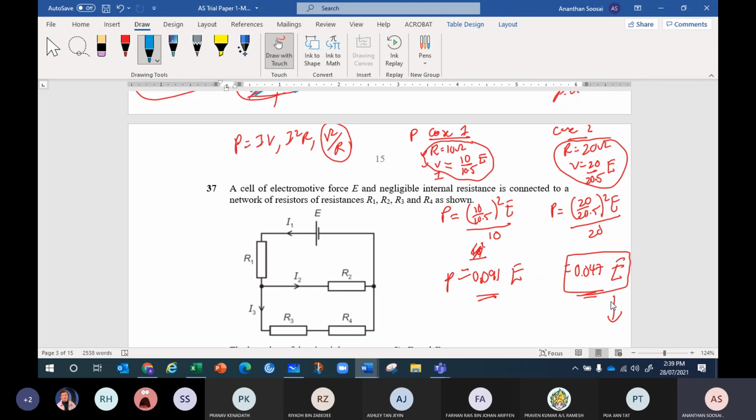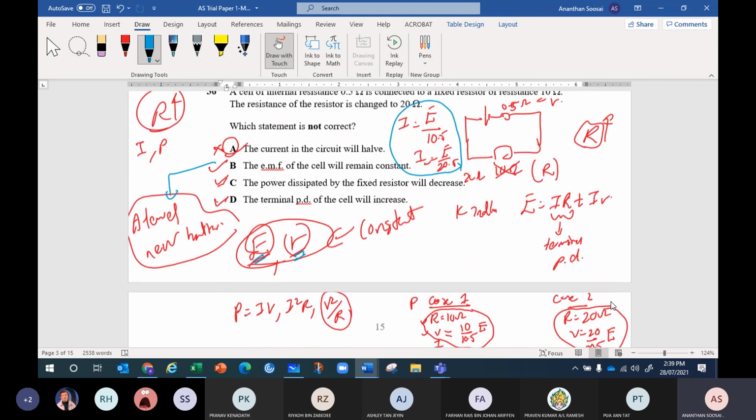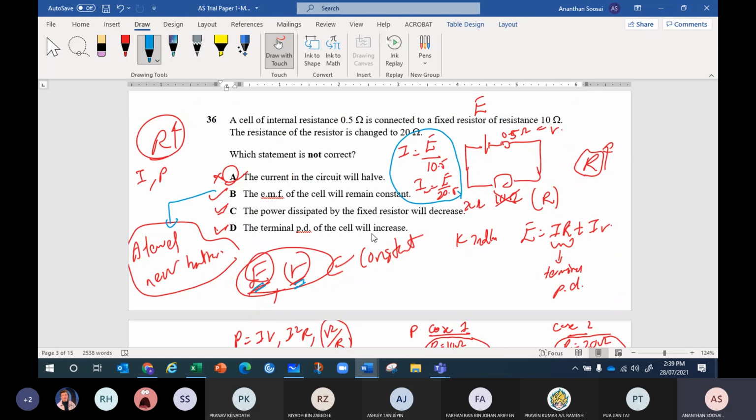And the fourth one, the terminal PD of the cell will increase. When the external load increases, the terminal PD confirmed increases. So therefore the answer is A.